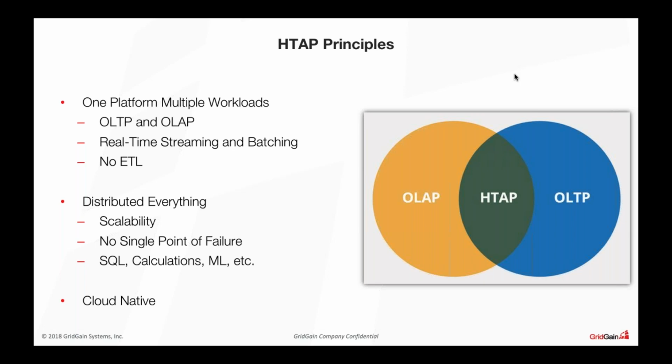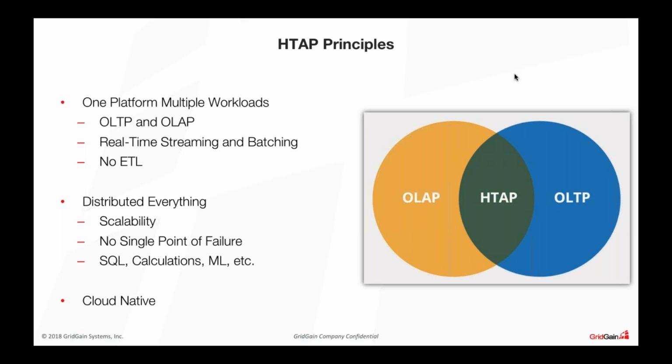Next, once you are able to mix your OLTP and OLAP workloads, you need to be sure that the platform that is HTAP enabled does everything in a distributed fashion, in a distributed way.